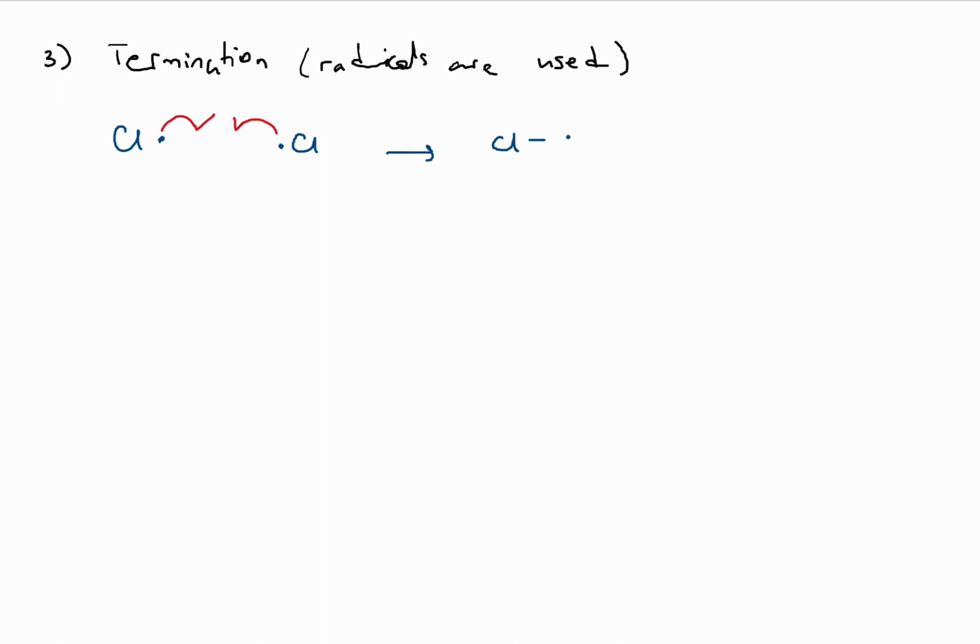Cl2. Next, I will have a methyl radical and a chlorine radical, and they will also form a bond, so we form CH3Cl.